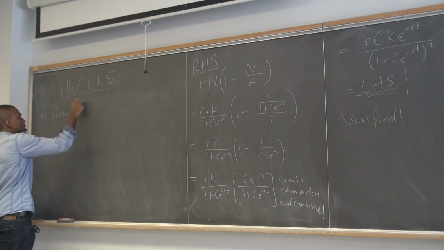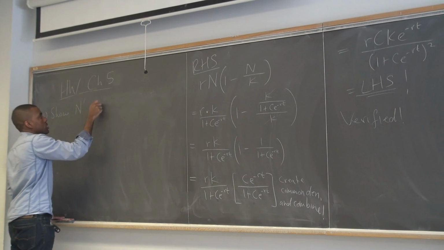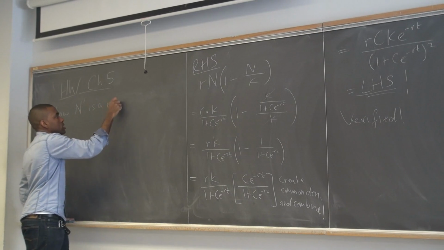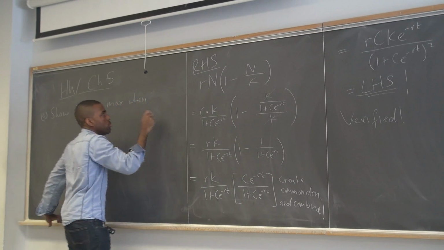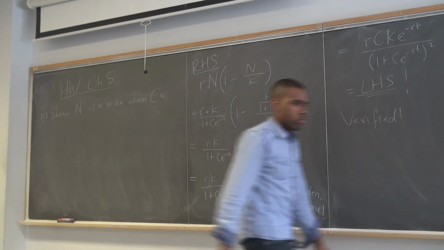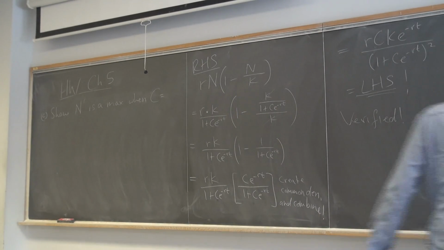Show n prime is a max when t equals ln c over r.